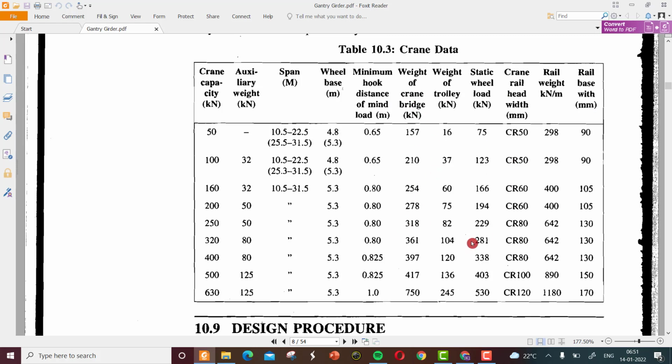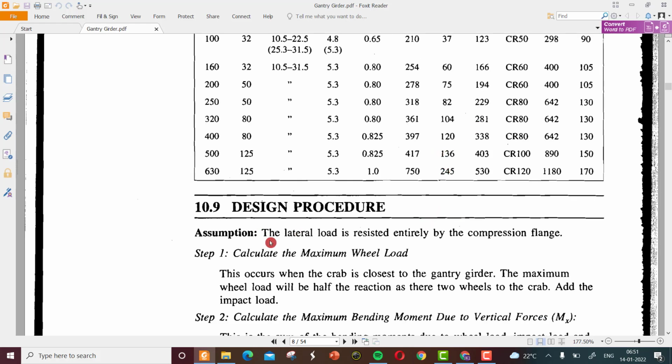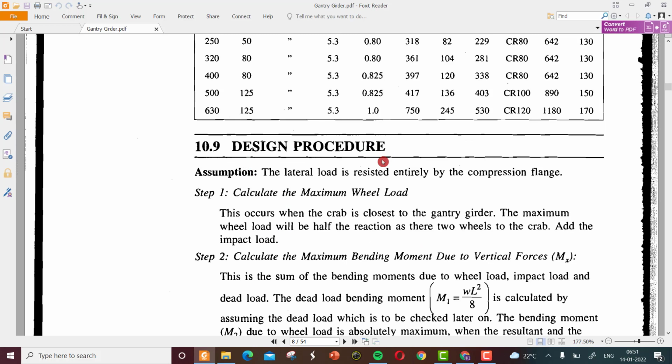So in the problem to solve, you will be given all these values. Okay. So the design procedure for the gantry girders, which is our topic, begins with finding the maximum wheel load.